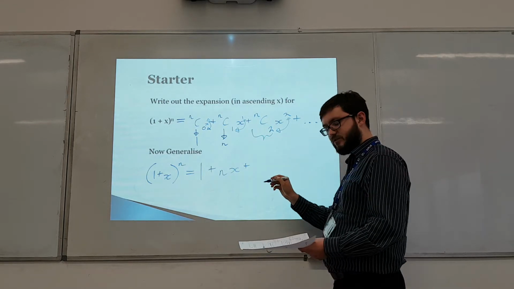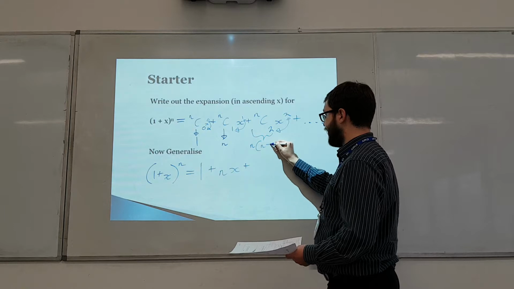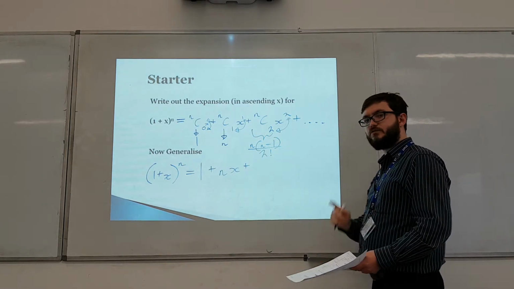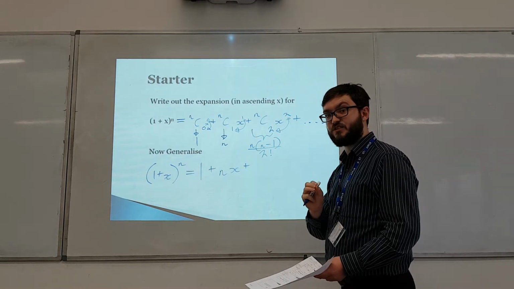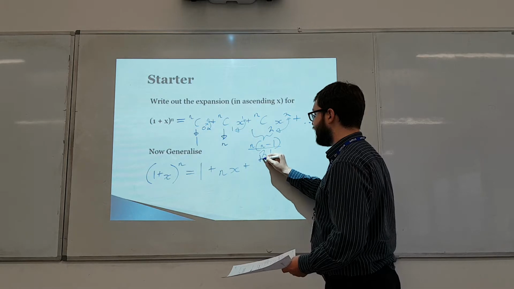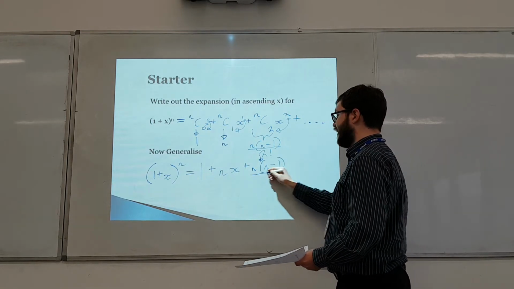So n choose 2 can be written as n multiplied by n minus 1 all over 2 factorial. So double check your statistics knowledge from year 1 if you're not so sure about this bit. So anyway, I can stick this in as the coefficient of x squared.